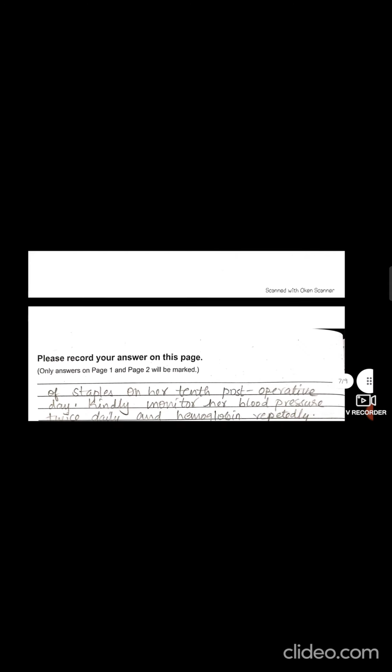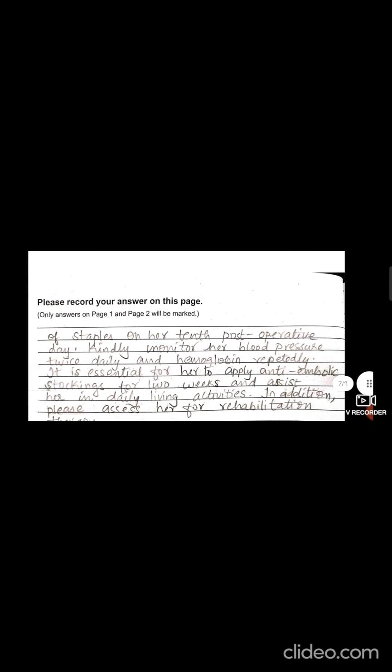So for example, it would be appreciated if you could provide ongoing care for Mrs. Vivek as she requires daily surgical site dressing until complete removal of staples on her 10th post-operative day. Here, one more thing: "it would be appreciated if you could" is acceptable.